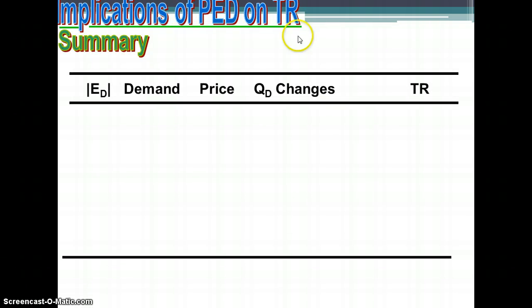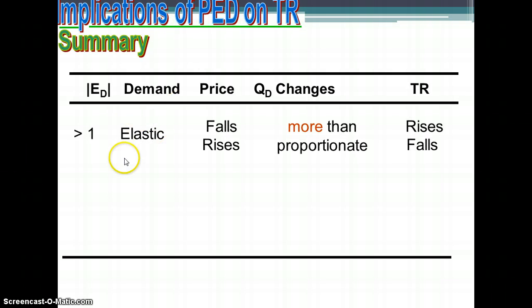So to summarize the implication of PED on total revenue, when the demand is more price elastic, with a fall in the price, the quantity demanded will change more than proportionally, and hence the total revenue will increase. If the price increases, the total revenue will fall.